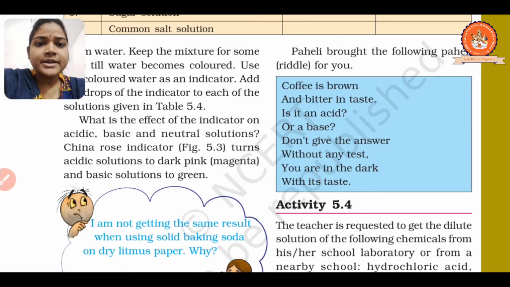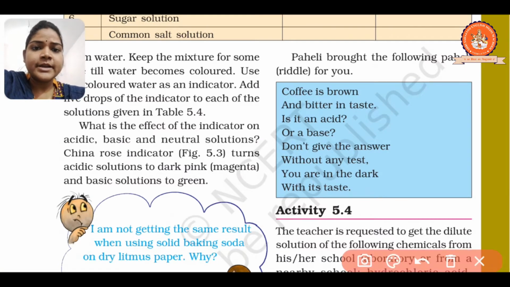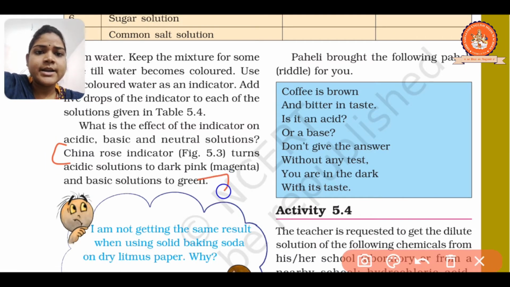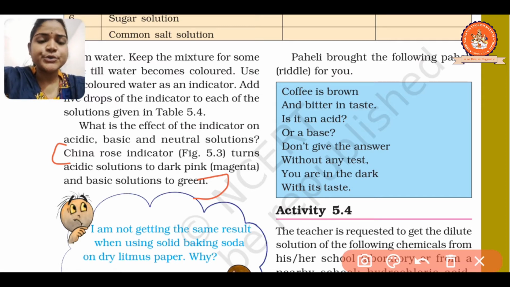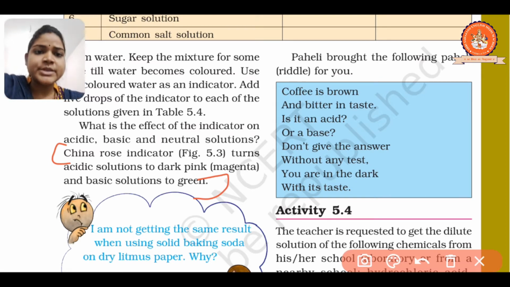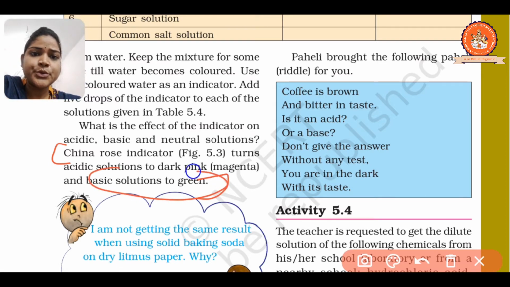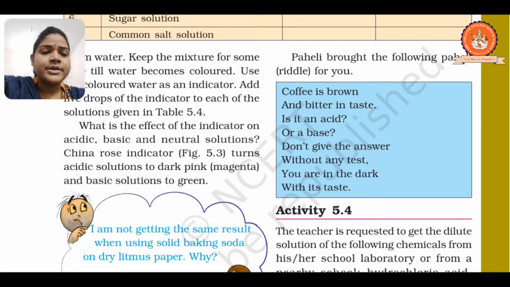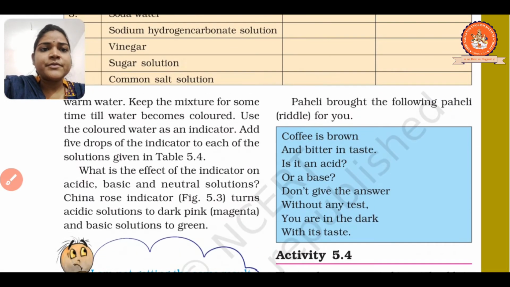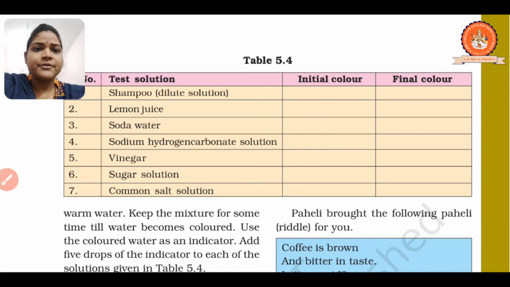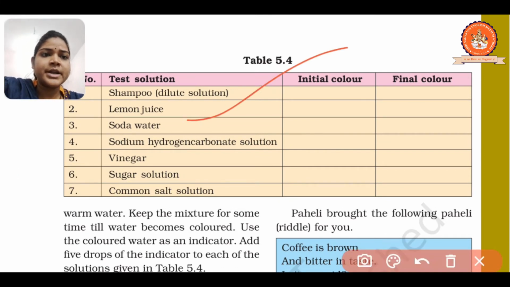So in this activity, we observed that China rose indicator turns acidic solution to dark pink and basic solution to green. Right? Now complete table number 5.3 and 5.4 at your home.